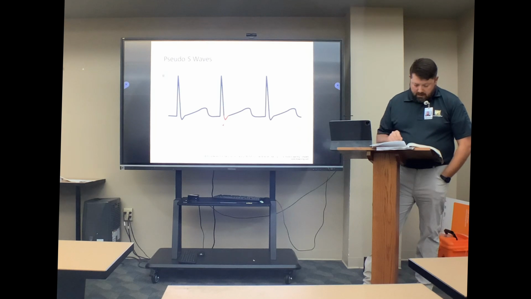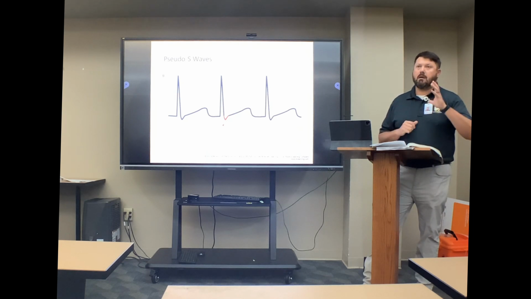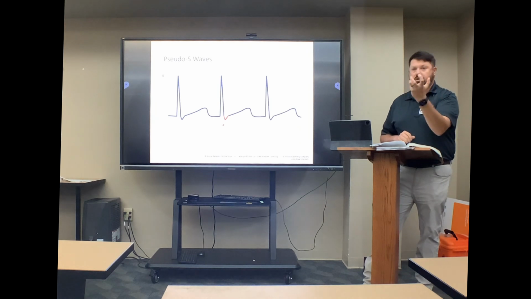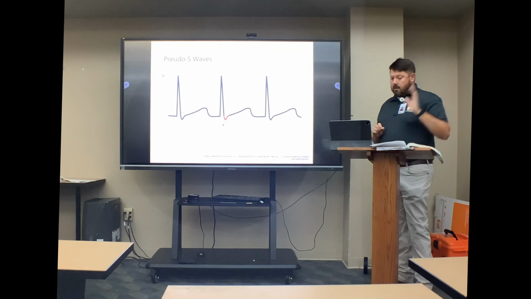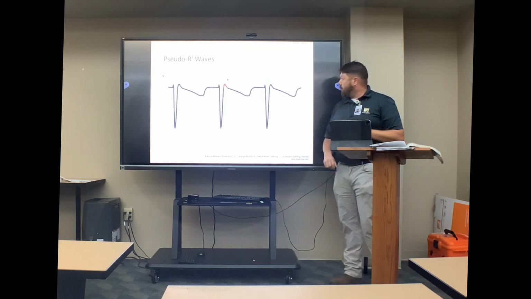These are known as pseudo waves. The pseudo part is added to reflect the fact that these appear to be S waves or R waves, but are not true waves. Rather, they're merely the P wave merged in and showing on the S wave. So it could be the pseudo S wave or the pseudo R wave.